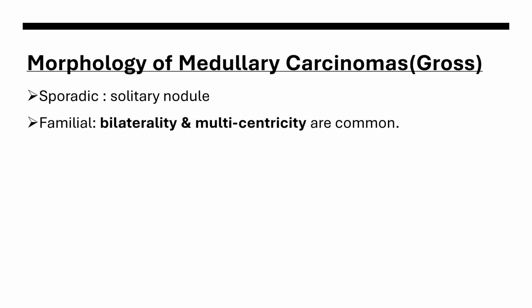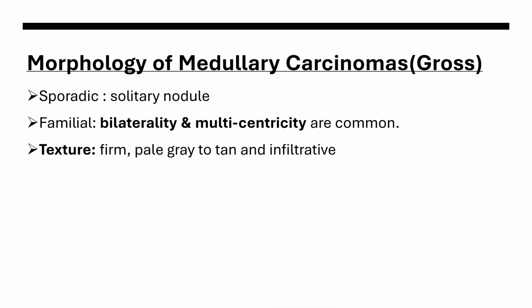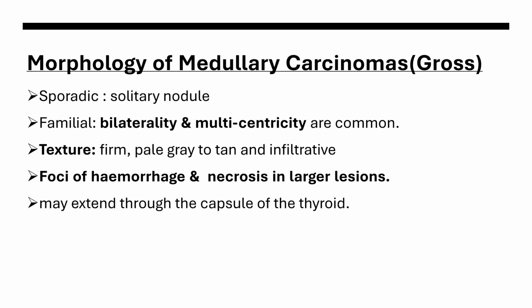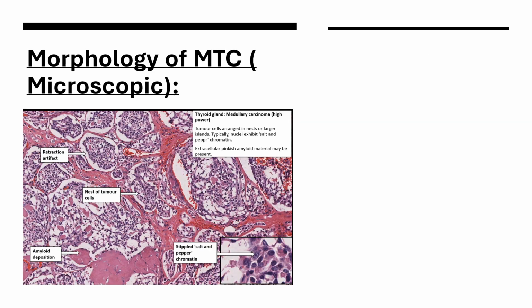Sporadic medullary thyroid carcinoma presents as solitary nodules, while the familial one shows bilaterality and multicentricity, and the texture is pale gray to tan and infiltrative. Foci of hemorrhage and necrosis can be seen in the larger lesions, and that may extend through the capsule of the thyroid. That means capsular invasion can also be seen there.